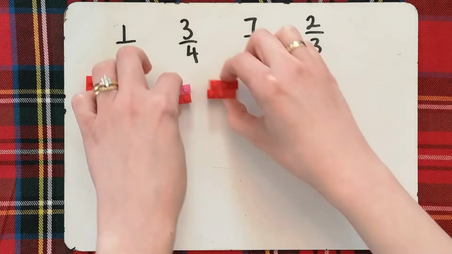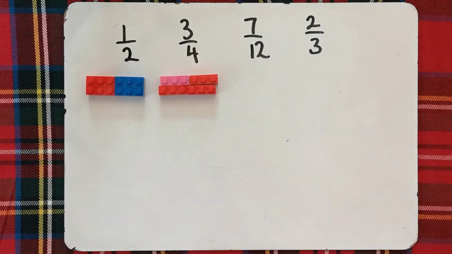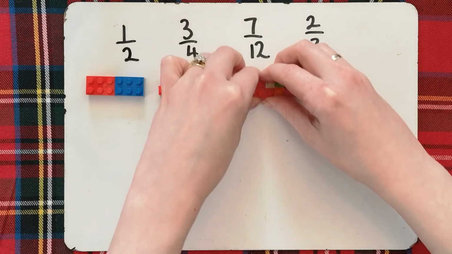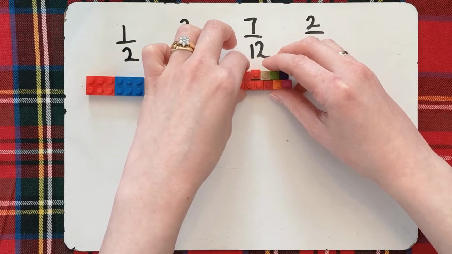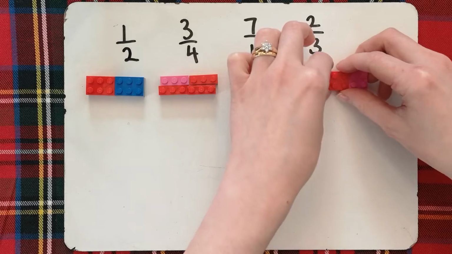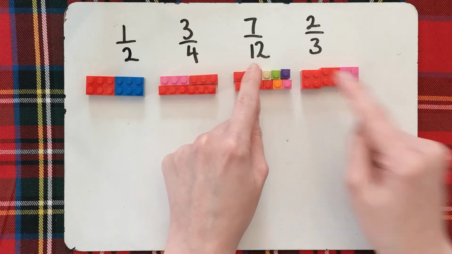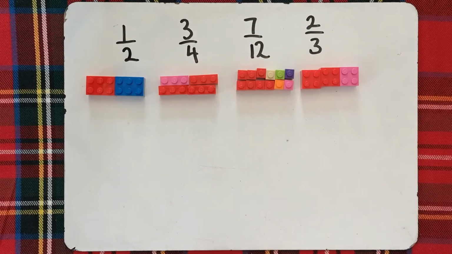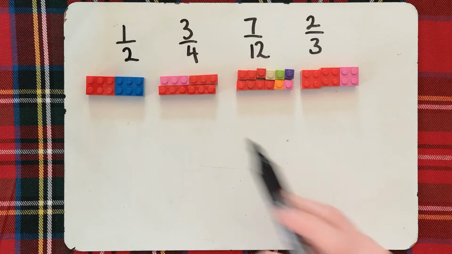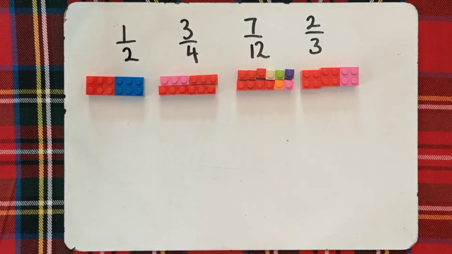Then I've got my 3/4, I've got 7/12, and I've got 2/3. When we compare the red sections, I can see that the biggest amount of red is in our 3/4. This time let's order them from biggest to smallest.